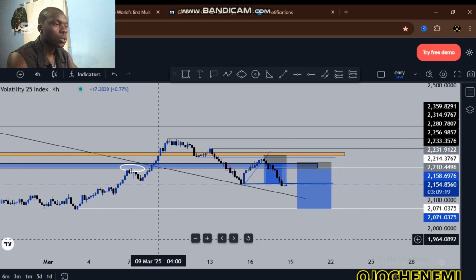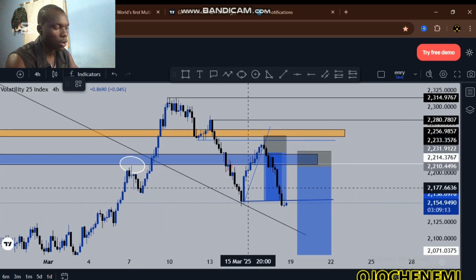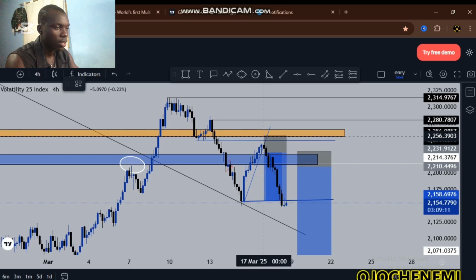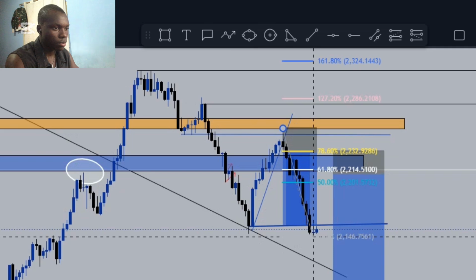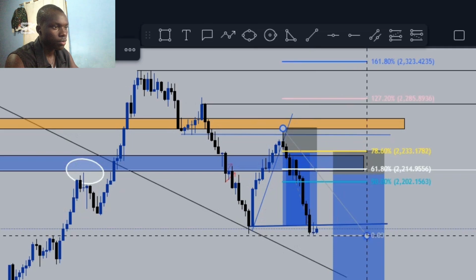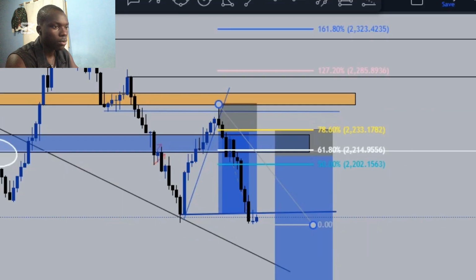So I'm going to use my Fibonacci tool to confirm this entry of mine here. I'll take my fib tool now and I'll check the points also.